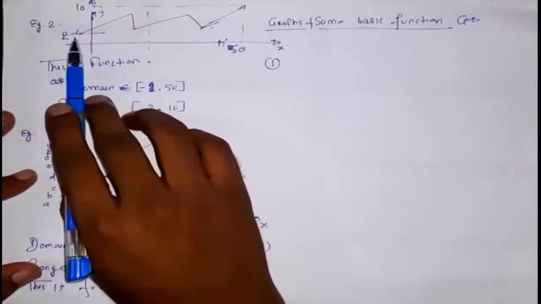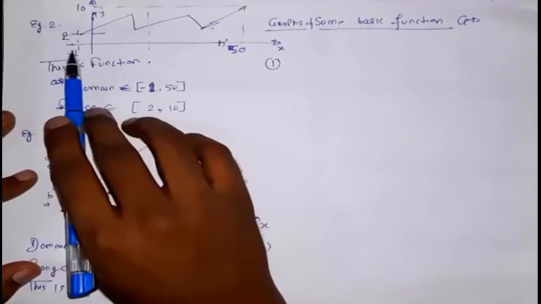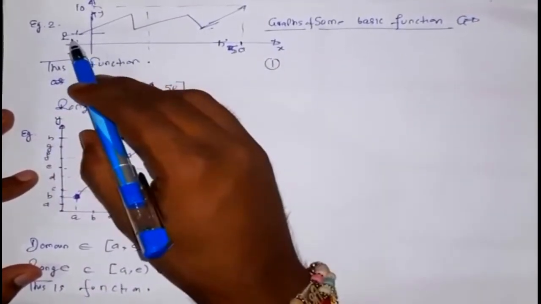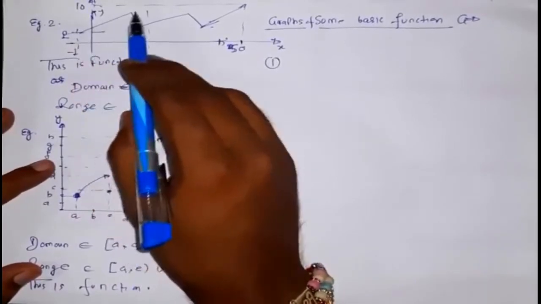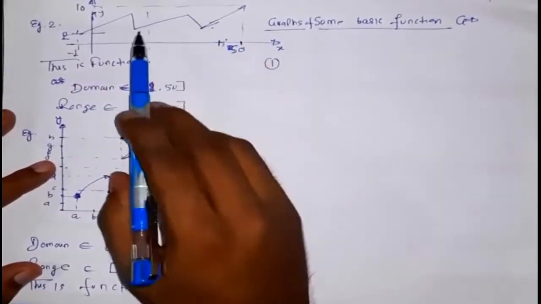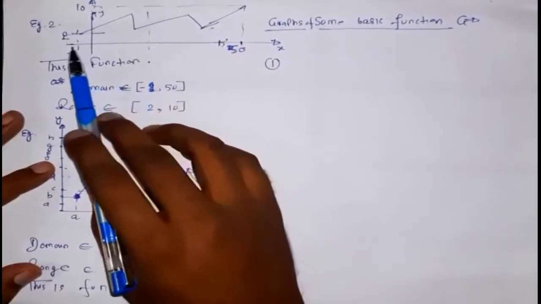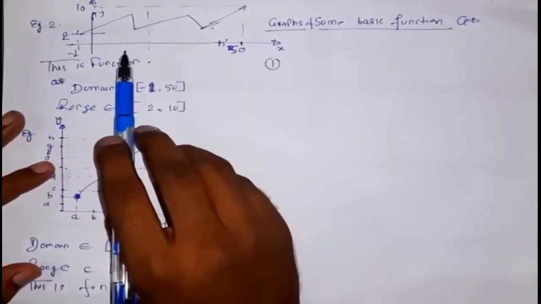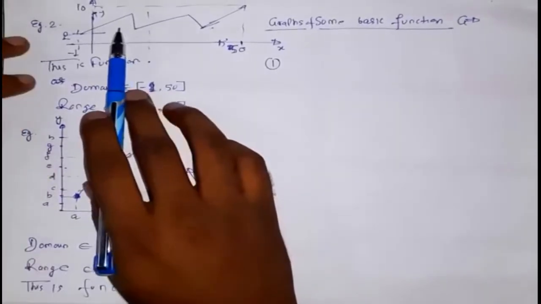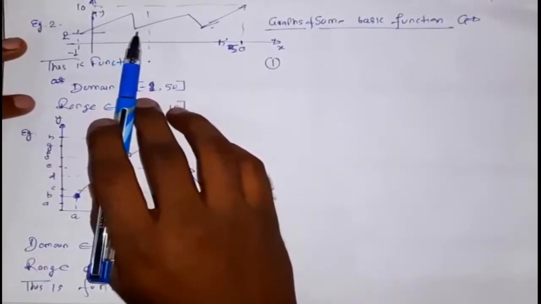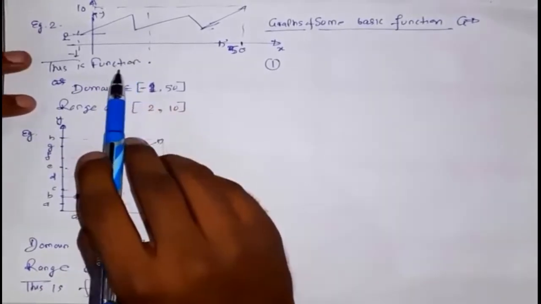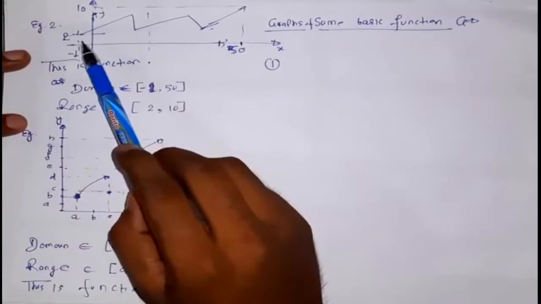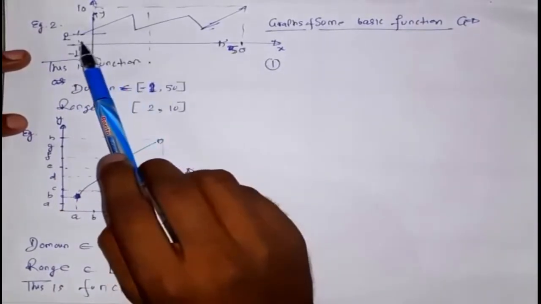The next example is this. I have taken a graph from -1 to 50. If we draw a line parallel to the y-axis in the whole domain, from -1 to 50, there will be only one point, or one value of y. So by observation, we can say this is a function. How do we find the domain and range?